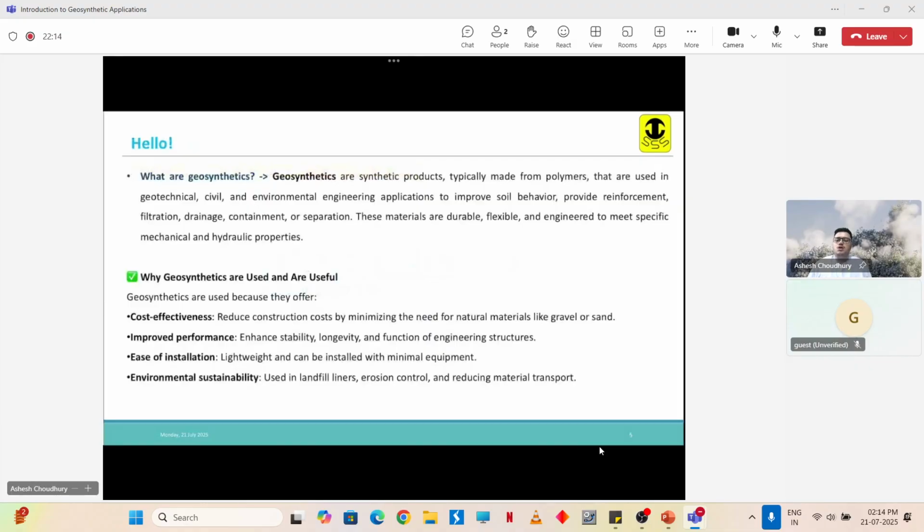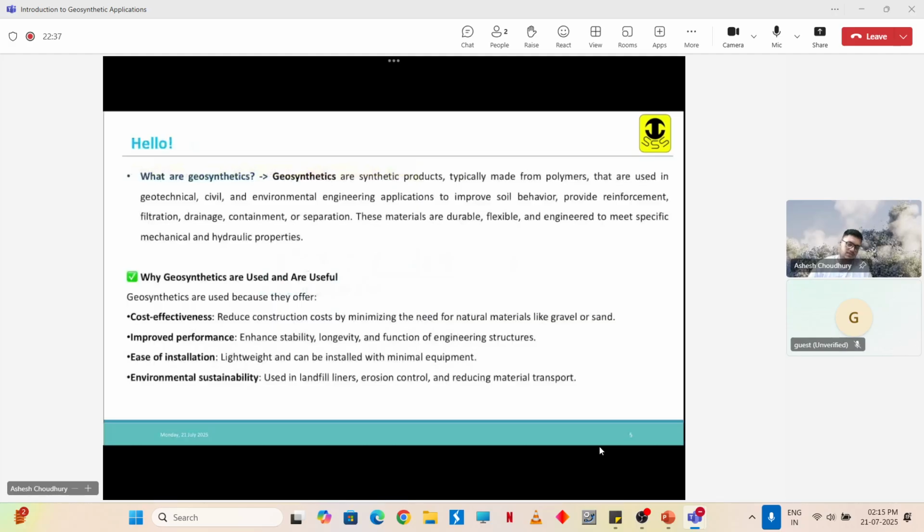Right? Now, why are geosynthetics used and helpful? Geosynthetics are used because they offer cost effectiveness, reducing construction cost by minimizing the need for natural materials like gravel or sand. So, if we use geosynthetics, a lesser amount of natural materials will be required.